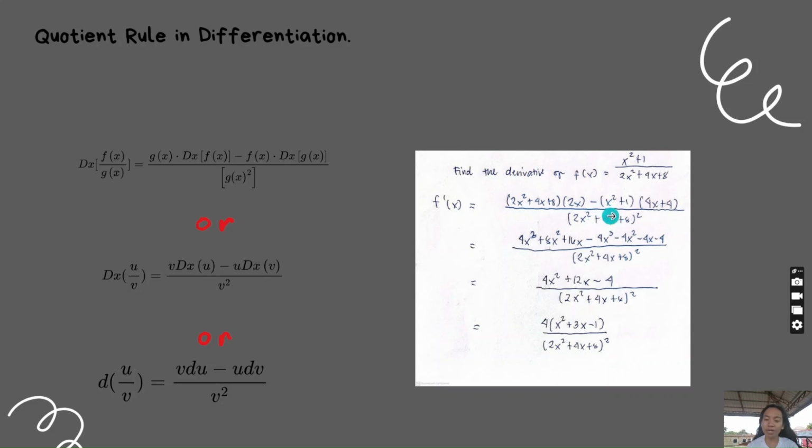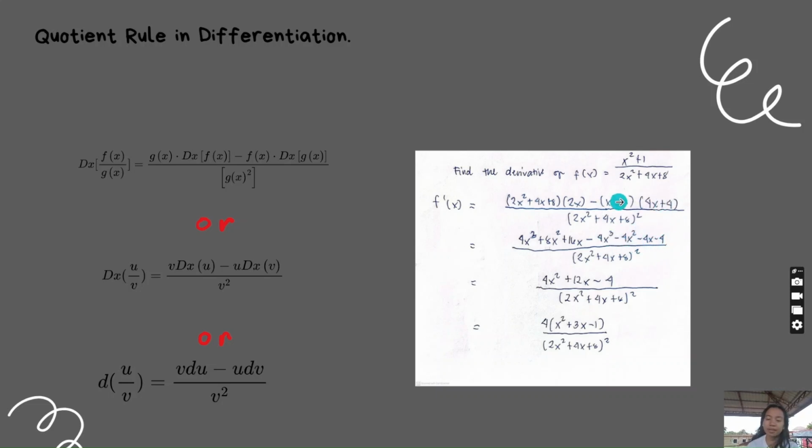So negative x squared times 4x, that's negative 4x cubed. And then negative x squared times 4, that gives us negative 4x squared. And then negative 1 times 4x, that's negative 4x. And then negative 1 times 4, that gives us negative 4.